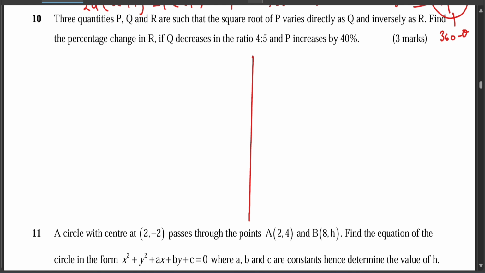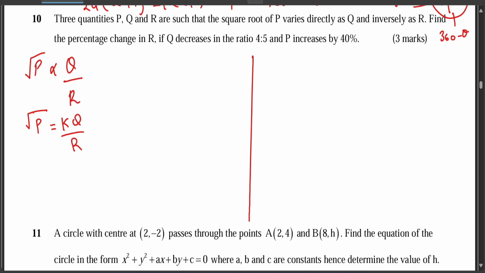Let's continue. You are told that the square root of P varies directly as Q and inversely as R. So it is written like this. If you introduce a constant, it will be root P equal to KQ over R. But let's make Q the subject of the formula.